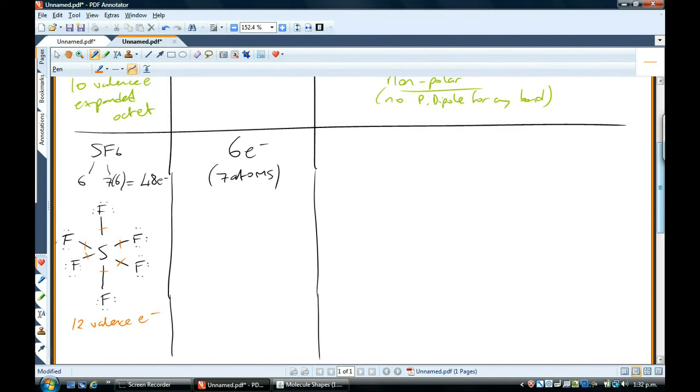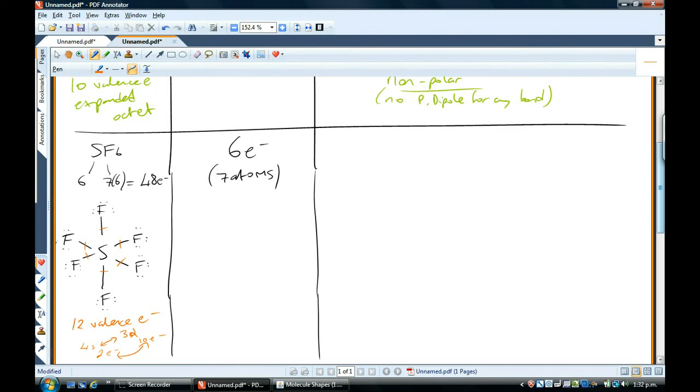12 valence electrons is again an expanded octet. Now this is because of the closeness in energy levels between the 4s orbital and the 3d orbital. So the 3d, remember, can hold up to 10 electrons, and the 4s can hold 2 electrons. So those 2 orbitals would account for the 12 electron capacity of an atom like sulfur, and hence the expanded octet.